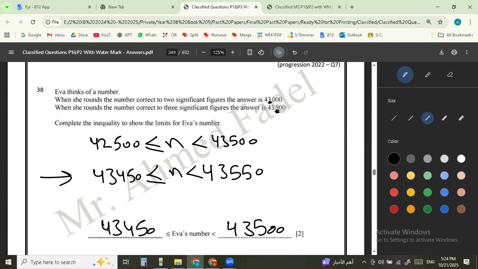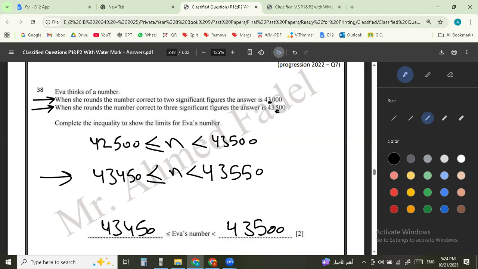Again, all what I've done, I found the inequality for the first line, lower and upper bounds. I found the inequality for the second line, lower and upper bounds. I asked myself, is the lower bound included in the other inequality? We said, no, mister, it is not included.